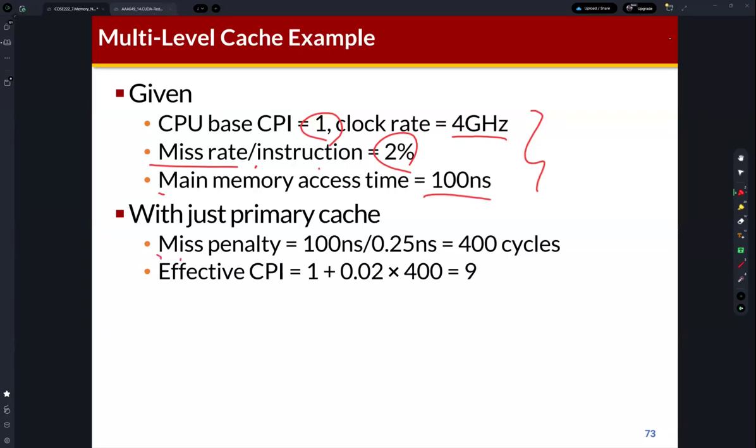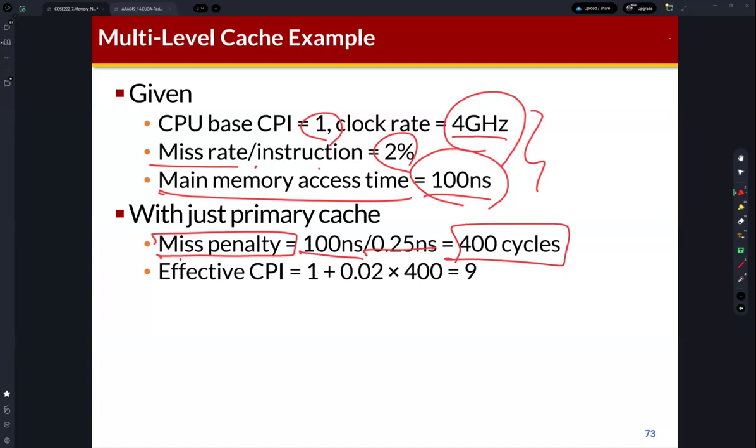We can calculate the miss penalty, okay? Because the clock rate is 4 gigahertz, this is the clock period of the CPU. And the main memory access time is 100 nanoseconds. So if a cache miss is observed, then the miss penalty is 400 cycles for this CPU.